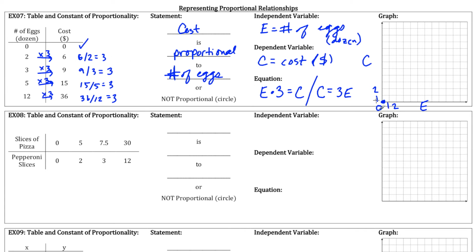We have 2, 6, so 2 dozen eggs, $6. 3 dozen eggs is $9. 5 is 15. I think that's a little too high. So this is as much as we can go, or if we can fit on here. And remember, these are a bunch of dots. Some of them may not make too much sense with the eggs, like you can't have half an egg, but we'll worry about that later.